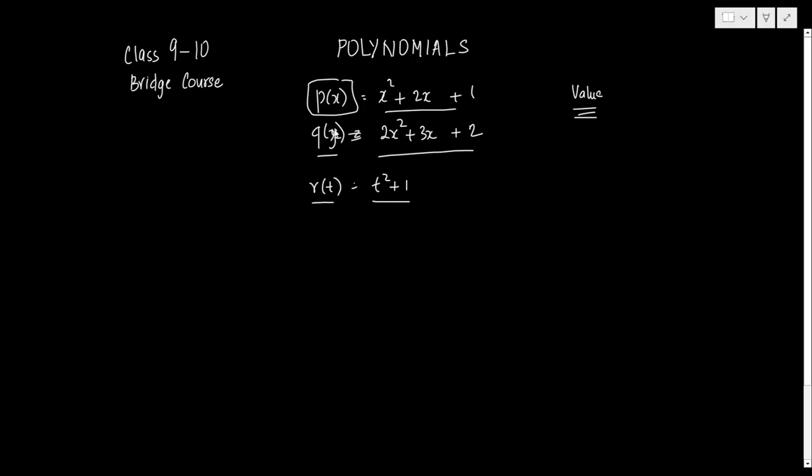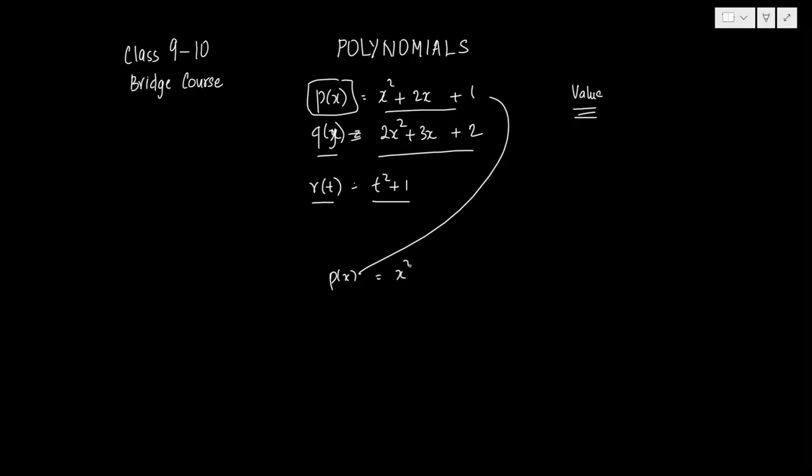It can also be written as R of t or Q of x or P of x. Now, if I take this polynomial P of x is equal to x squared plus 2x plus 1, and I substitute the value x is equal to 4, it is called P of 4, which is 4 squared plus 2 into 4 plus 1.